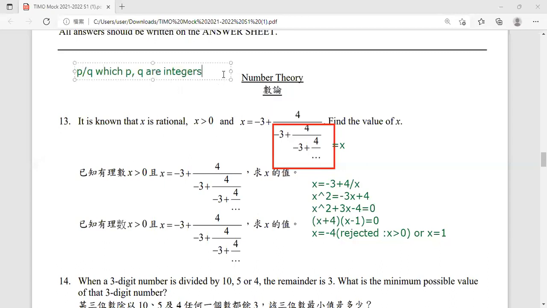This means rational. A rational number can be negative. p and q can be negative. Rational means you can write it into fractions only. Yes.